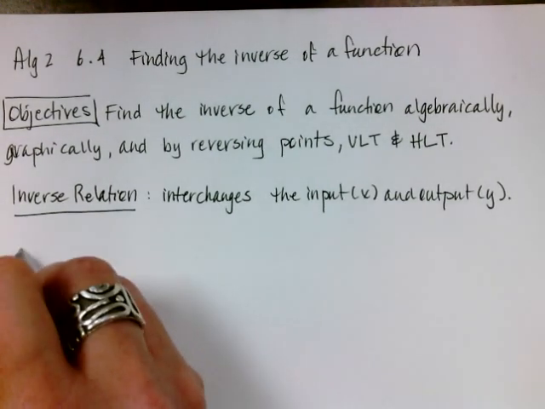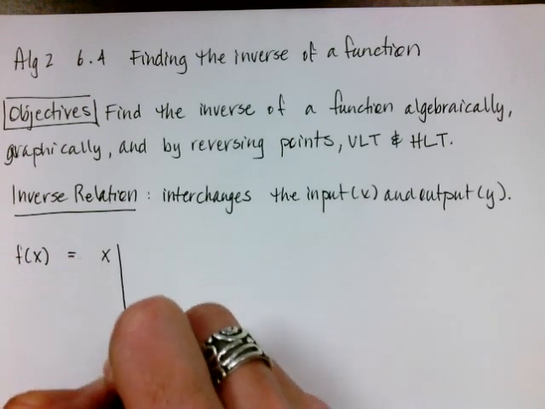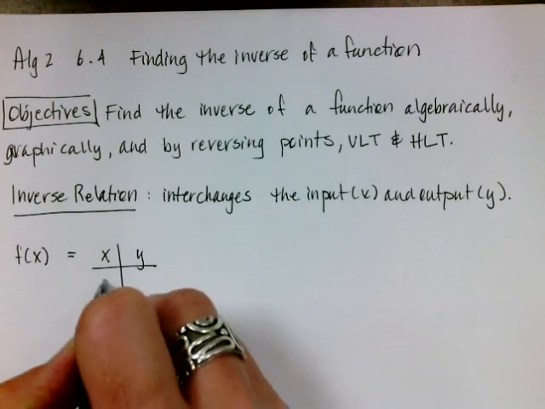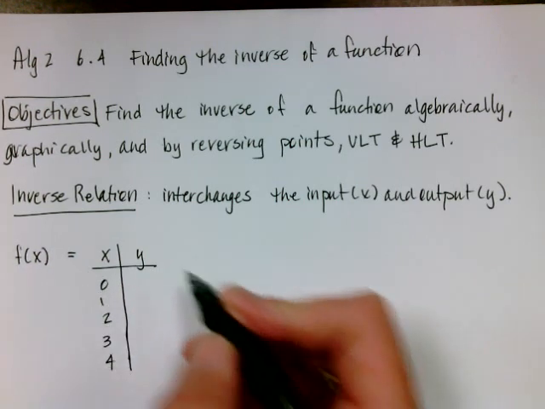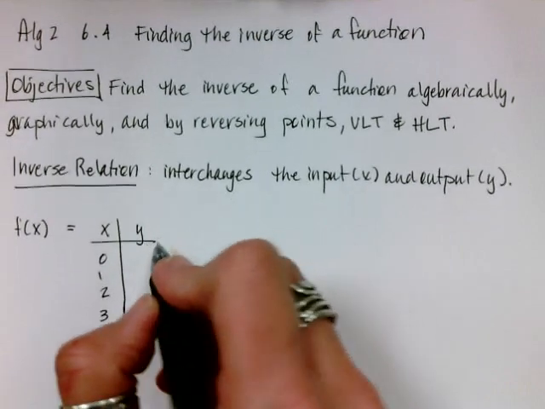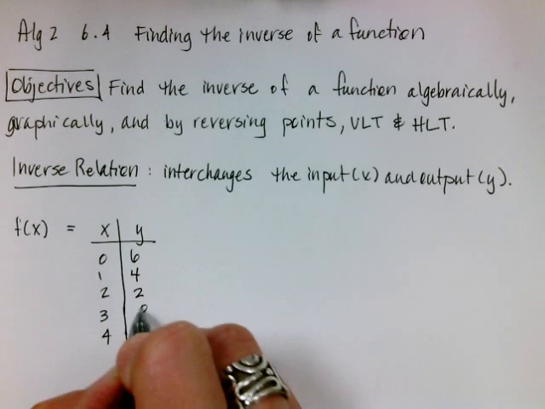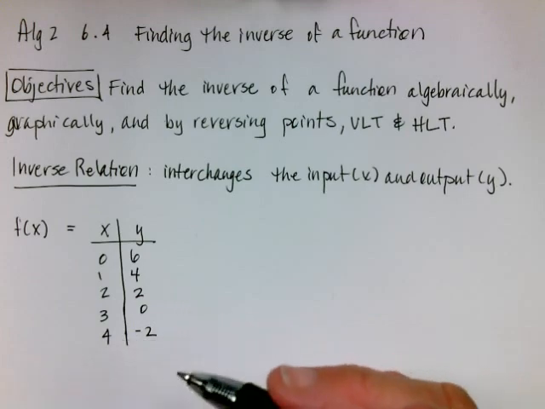All right, so for example, let's say I'm given a relation and it's going to have points x and y. I'm going to have 0, 1, 2, 3, and 4, and then my y values are going to be 6, 4, 2, 0, and negative 2. So I could plot those points and come up with what the graph looks like.